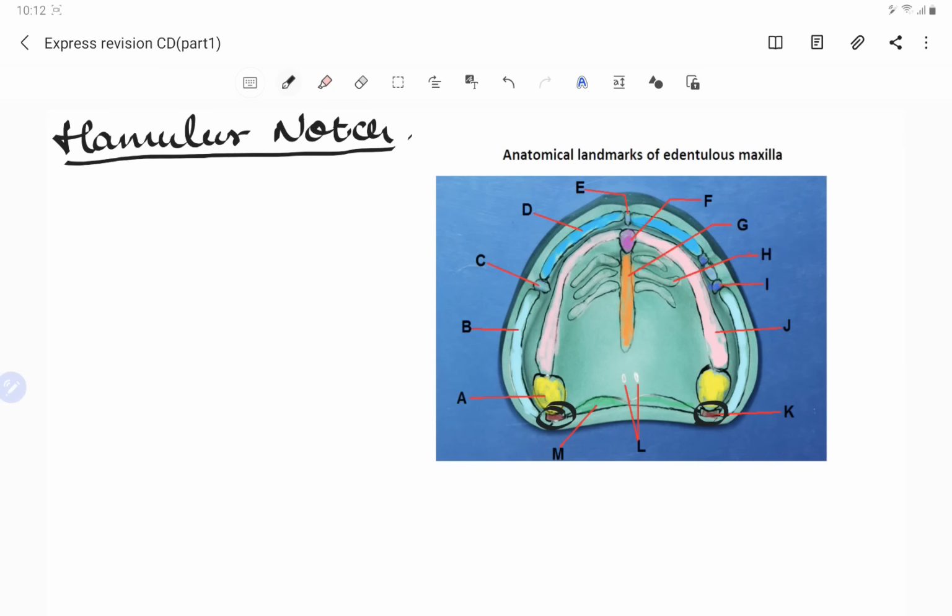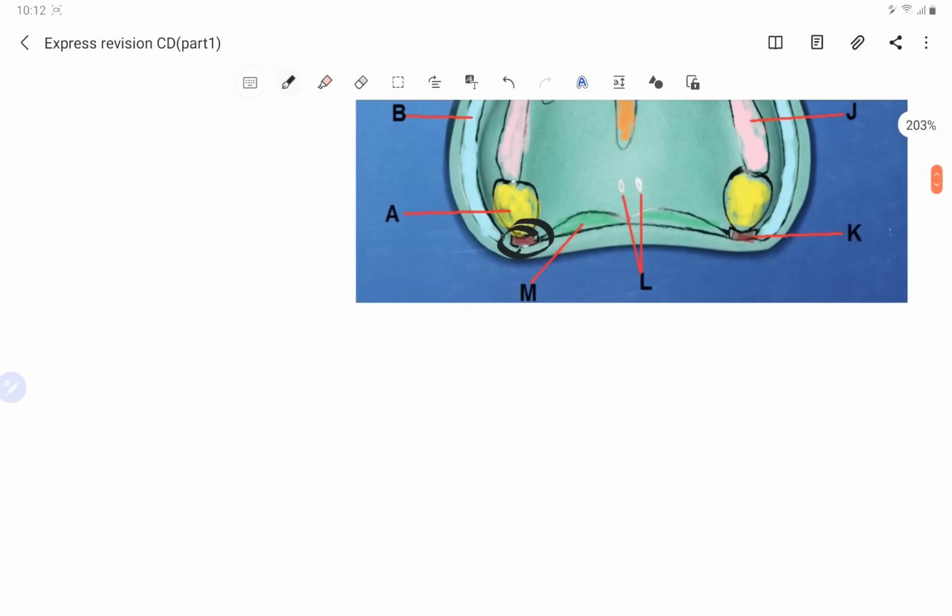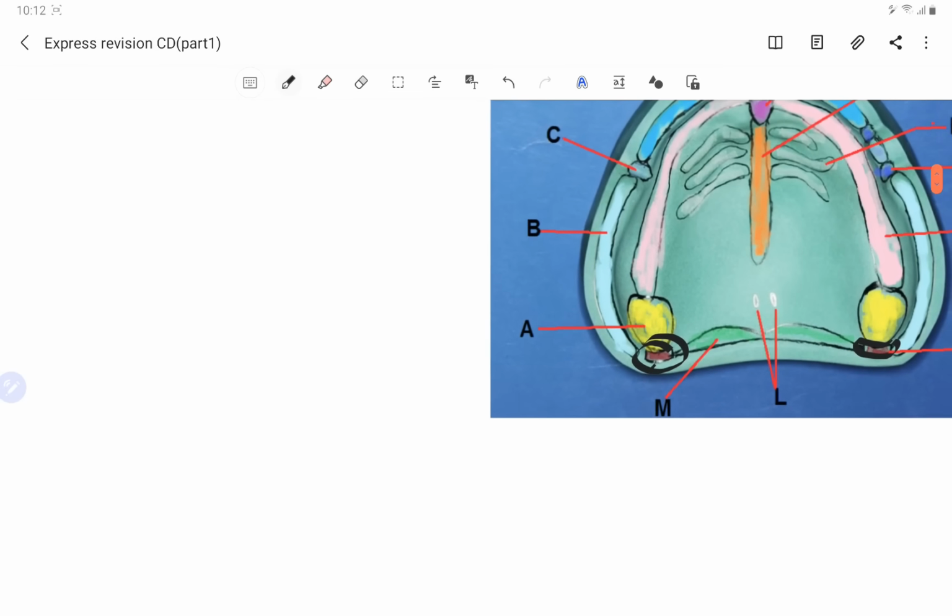What is the meaning of a notch? Basically, notch means the depression, right? So, they are the depression between the distal surface of the maxillary tuberosity and the hamulus of the pterygoid plate.